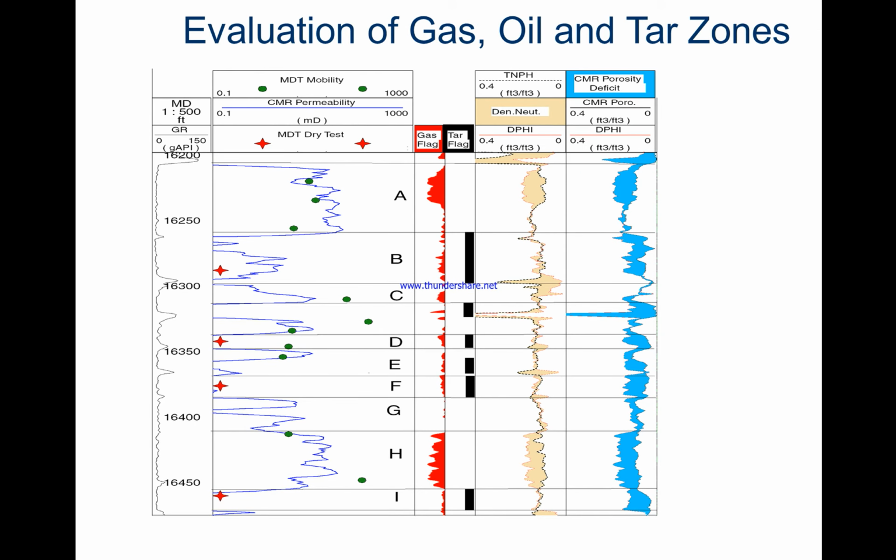This example is showing actually that the NMR tool can detect the tar, and it is confirmed with the heavy oil. We have actually with MDT a very dry test in this case to confirm the places which have a tar.